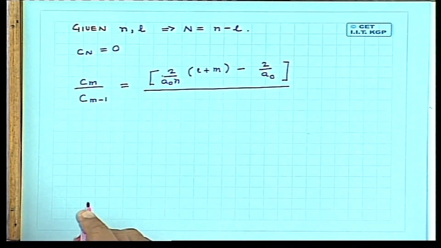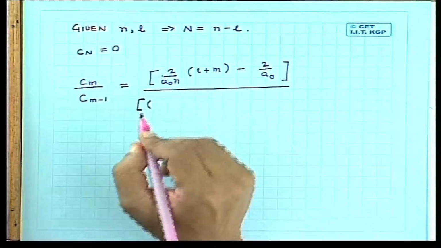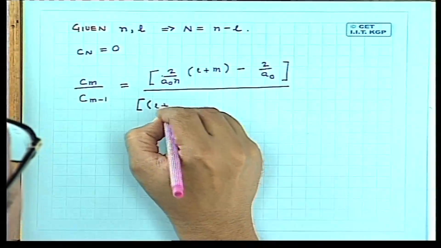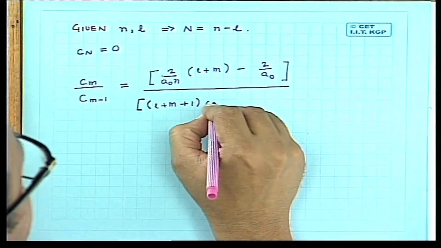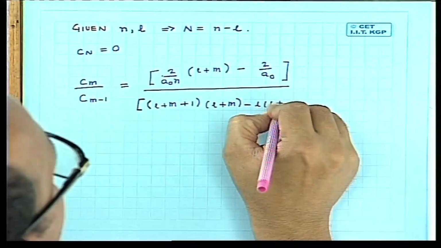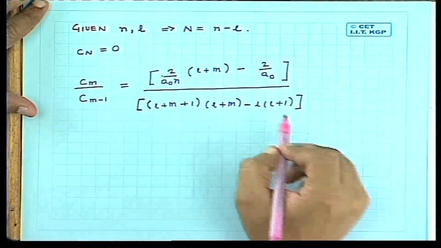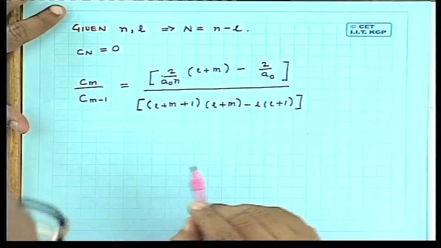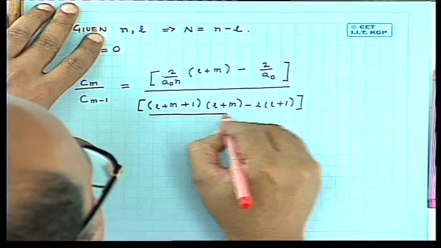This divided by, here we have L plus m plus 1 and we have L plus m minus L into L plus 1. Now the denominator can again be simplified slightly. So if you look at the denominator, let me just expand it.